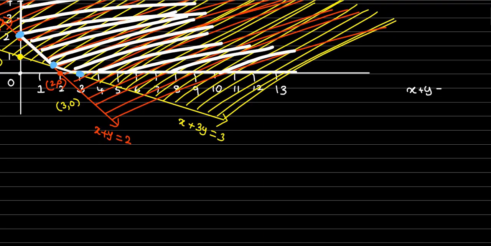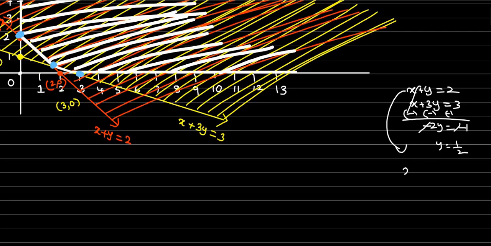So x plus y equal to 2, and x plus 3y equal to 3. Changing the sign, x gets cancelled. Then we have minus 2y equal to minus 1, minus cancels, so y equal to 1 by 2. Substituting in this equation, x plus 1 by 2 equal to 2, so x equal to 2 minus 1 by 2.